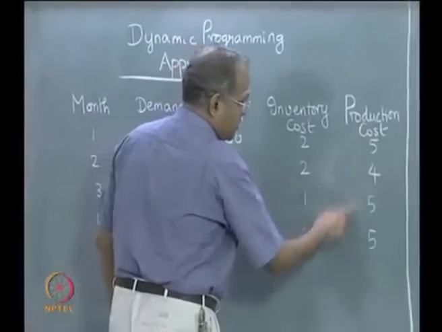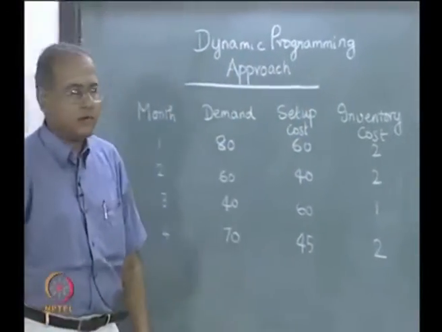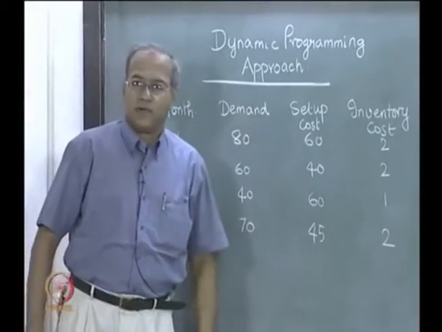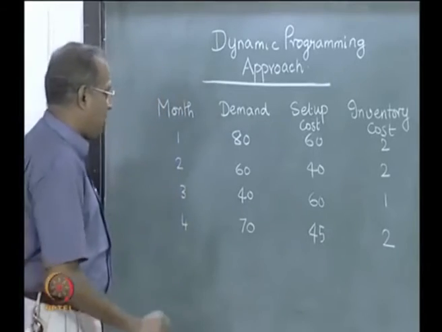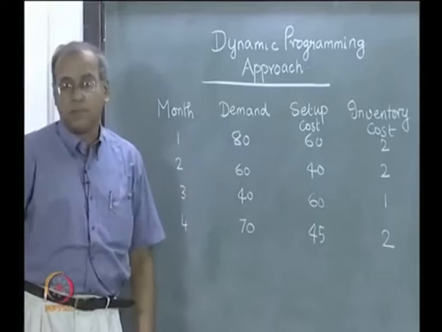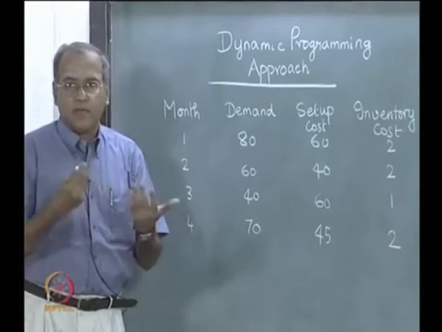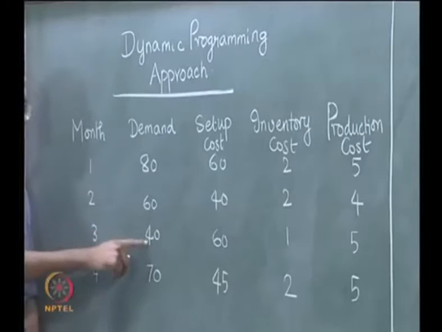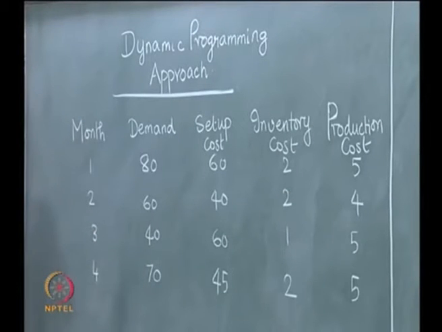There is also a production cost, which is the cost that is incurred in producing these quantities. At the moment, we do not have an upper limit on how much we produce. For example, if it is economical and profitable, one can produce, the total demand is 180 plus 70, 250. So, if it is economical and profitable, one can produce all the 250 in the first month itself.